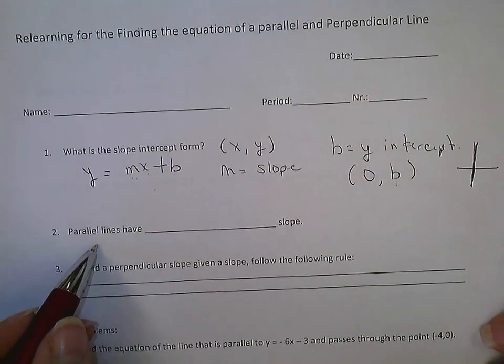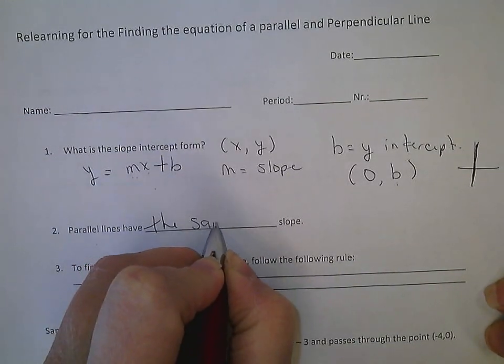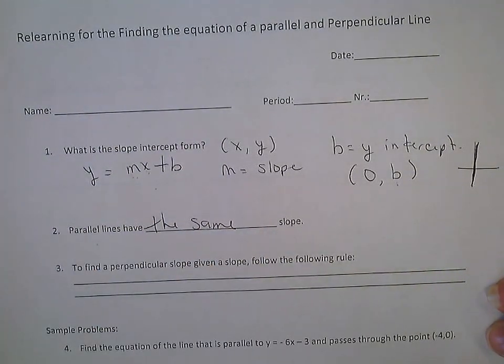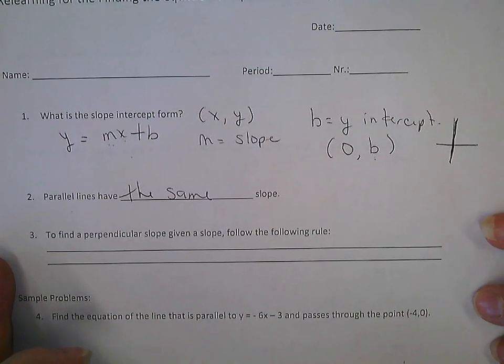Parallel lines of two different equations have the same slope. Perpendicular lines have a specific way that their slope is related.